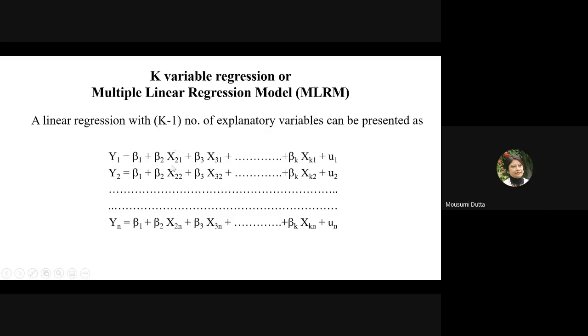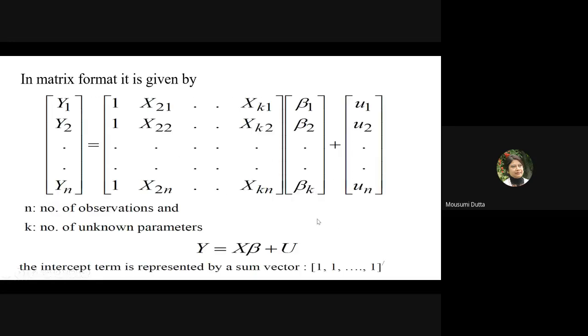We need independence between all x columns. Otherwise, we will not be able to maintain the linearity structure. It is multiple linear regression. So if x2 and x3 are functionally related, or x2 and x4 are functionally related, in that case we will not be able to maintain the linearity of the structure. So for the same reason, we need that all x columns should be independent to each other.